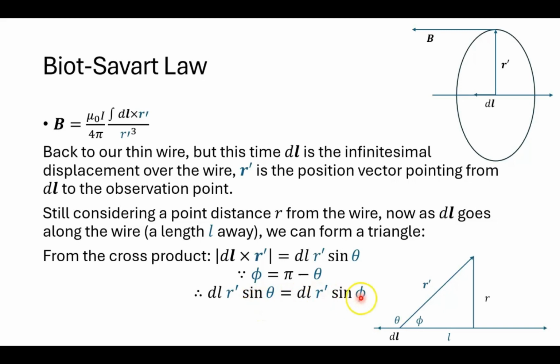So this sine of theta will just be the same as sine of phi. So we keep working. We recall that the definition of the sine in a right angle triangle is the opposite side over the hypotenuse. So it's r over r prime. And r prime, from our Pythagoras theorem, we can find by taking the square of r and l and adding them together, then taking the square root.